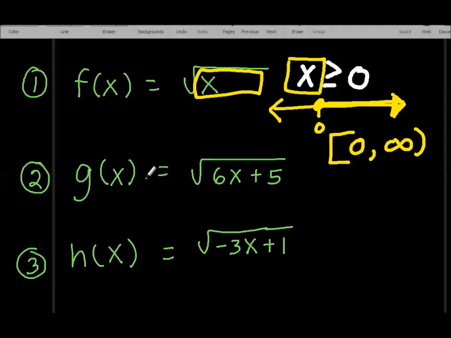Here we have g of x is equal to the radical 6x plus 5. So what I'm going to do is set up this 6x plus 5 as being greater than or equal to 0, and solve.